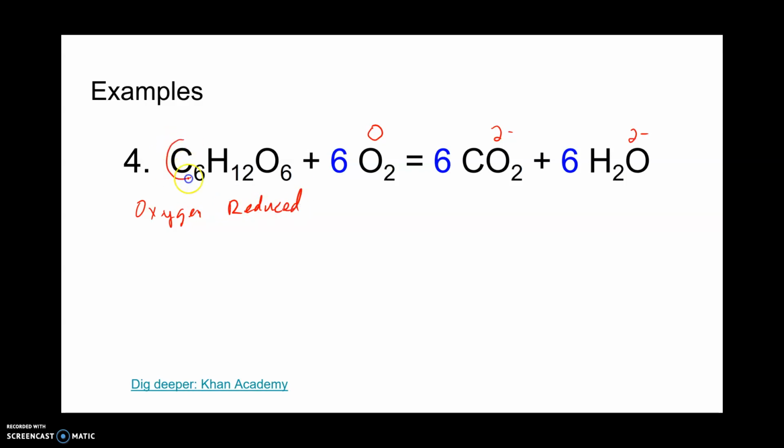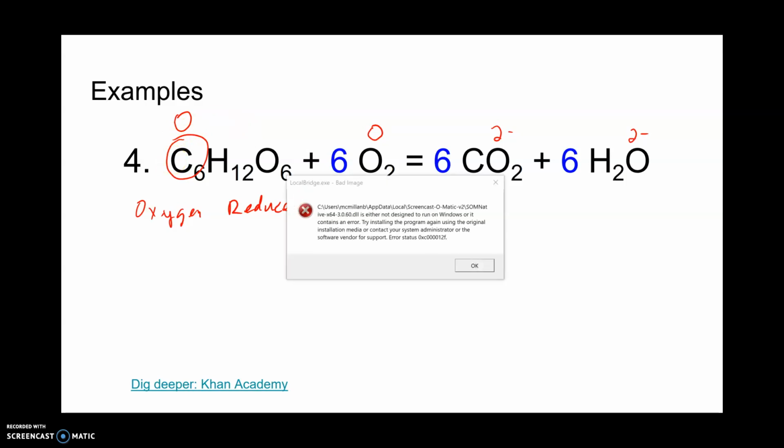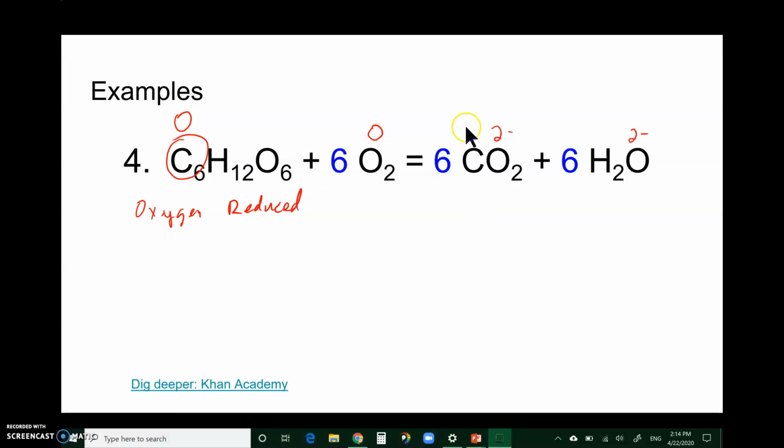The carbon here, if you work out the oxidation states, has a charge of 0. This is because the hydrogens and oxygens are going to cancel each other out. So that means this whole thing being a neutral covalent compound, that carbon is going from 0 to 4+ on the product side.